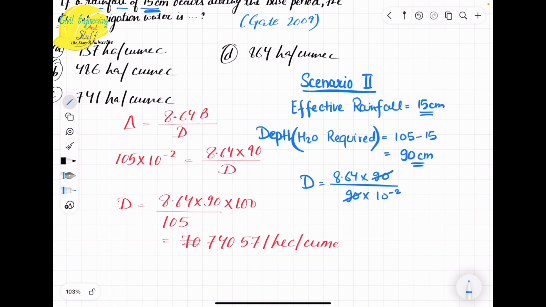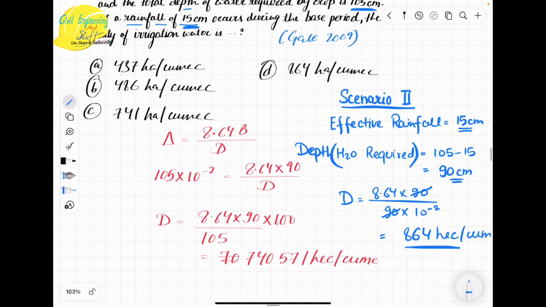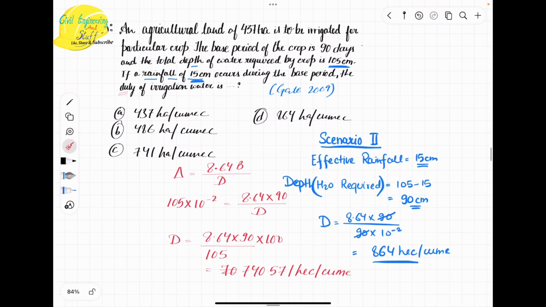We cancel this out and it comes out to be 864 hectare per cumec. And we have the option 864 hectare per cumec, so the answer will be D.